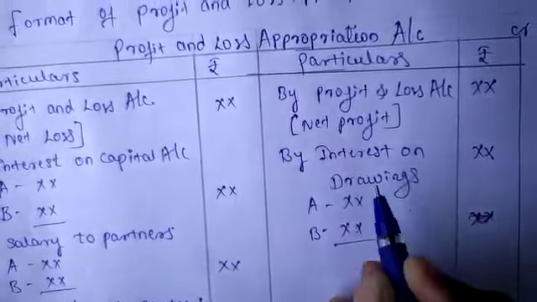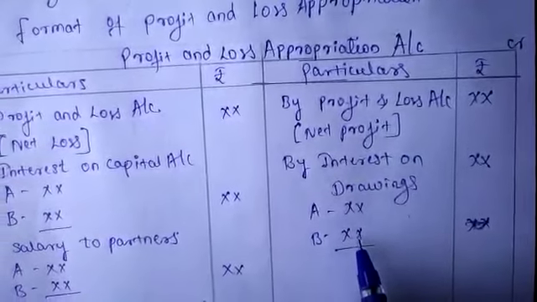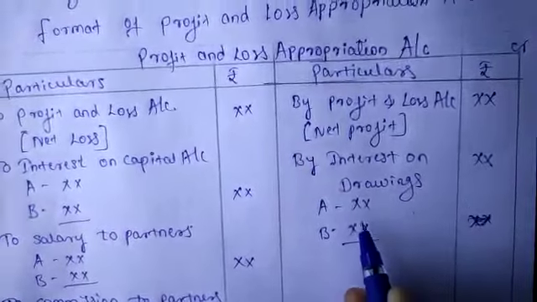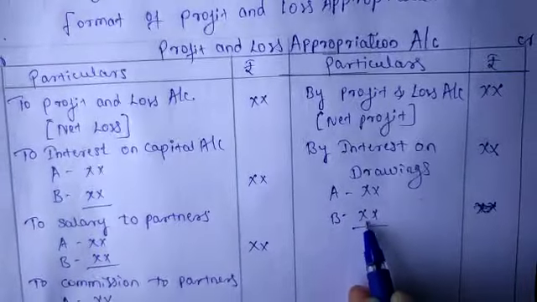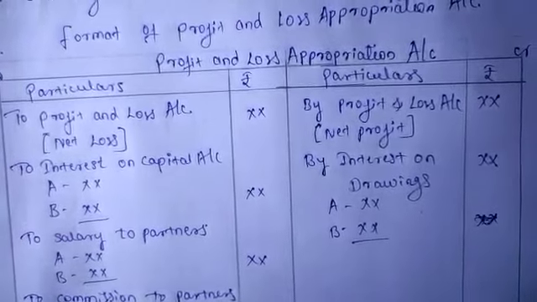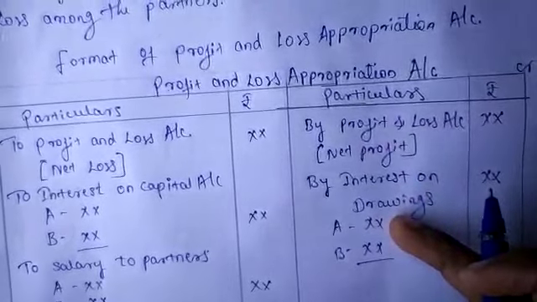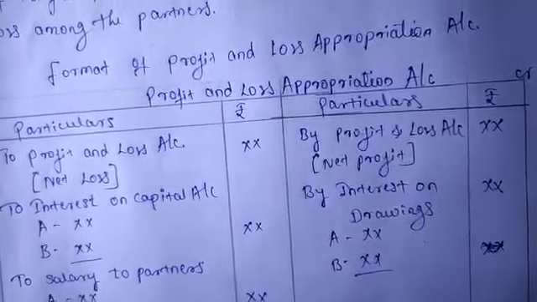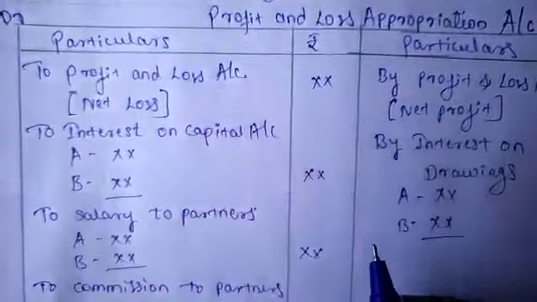Interest on drawings of A and B is given here only as an example: A's interest on drawings, B's interest on drawings, and the total is in the outer column. Only these two entries come to the credit side of the P&L appropriation account. Next, the debit side.